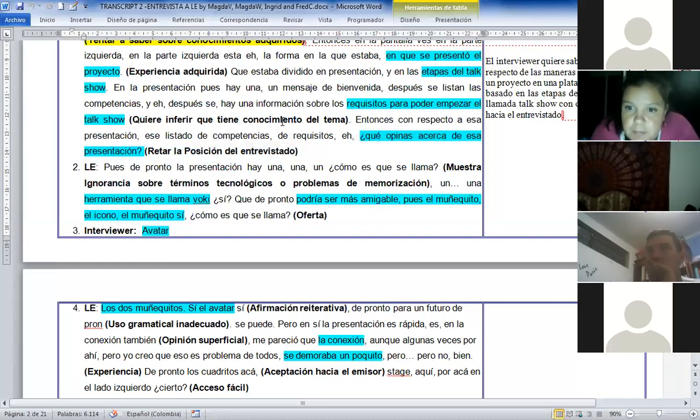If the question were how is the communication between the interviewer and the interviewee, or what intentions are expressed the most in this conversation, then I would have this type of codes here in the left part of the matrix.